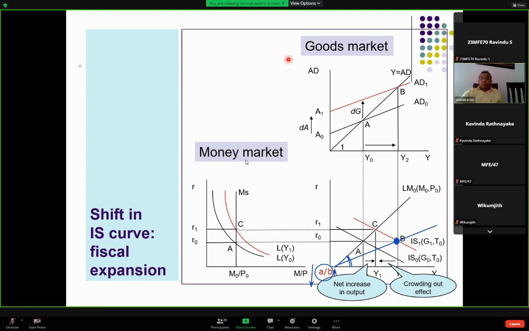If you have a case like this, vertical LM line, that means the slope becomes infinite.